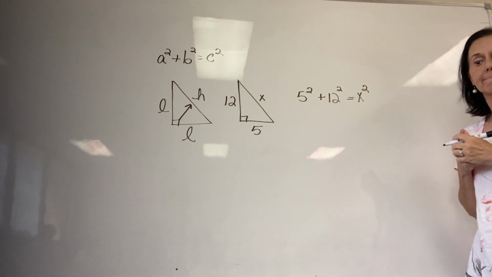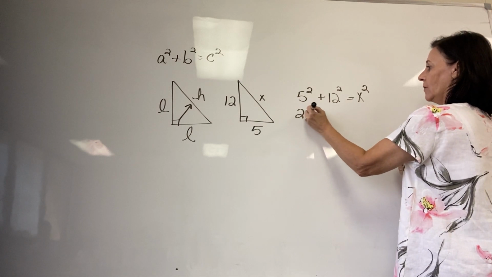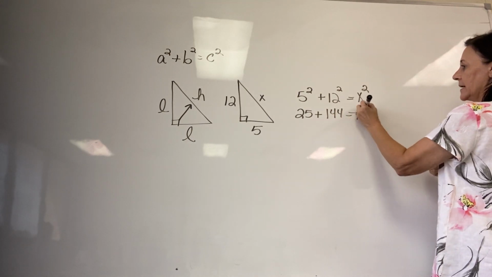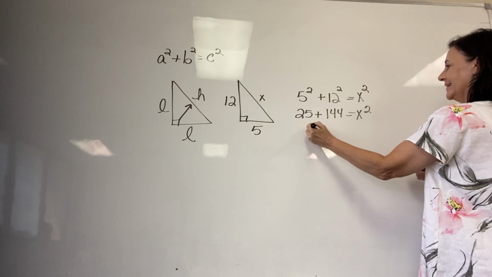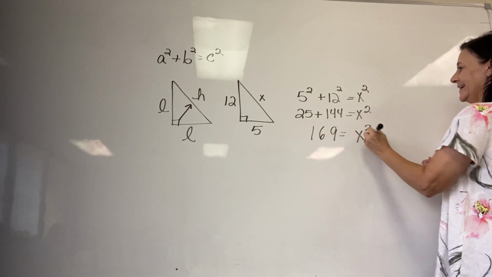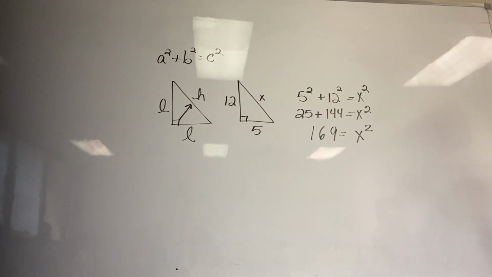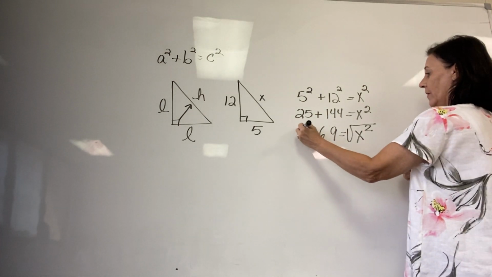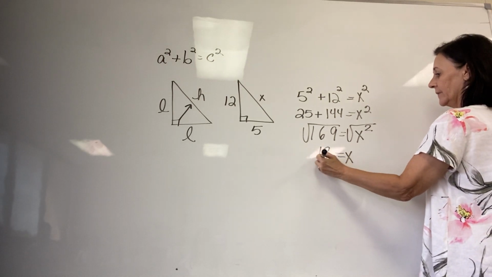What's 5 squared? 25. What's 12 squared? 144. What's 25 plus 144? 169 is x squared. How do I solve for x? I take the square root of both sides, and the value of x is 13.